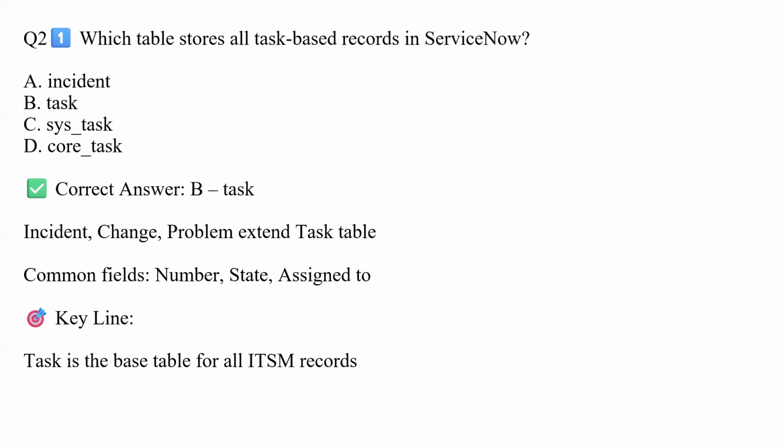Because if we think ServiceNow is like a tree, task acts as the root of the tree. ServiceNow is a tree, task is the root for the tree. So all ITSM records share common fields. Incident, problem, change are the branches. So base is the task.